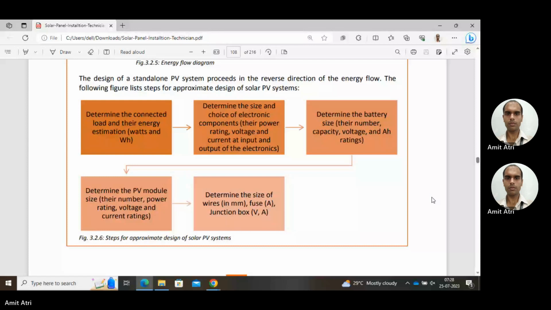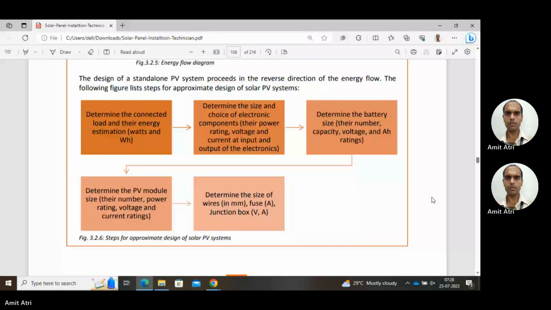So we have to determine the total power consumption by each component, then add it. Similarly, the time for which they are operated. Multiply the power with the time, the kilowatt rating or the watt with the time, that will give the energy. So that is the connected load and their energy estimation.